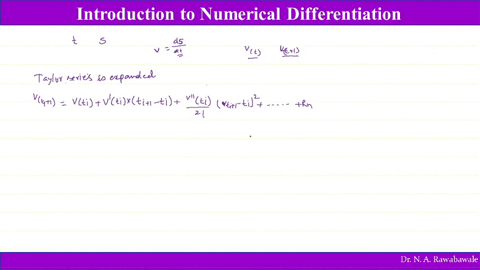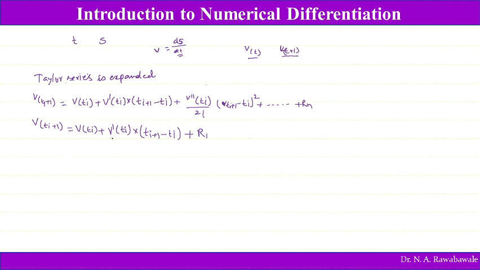Neglecting higher order terms and considering only up to the first derivative, v of ti plus 1 is equal to v of ti plus v dash of ti into ti plus 1 minus ti, and the remainder term we call R1.